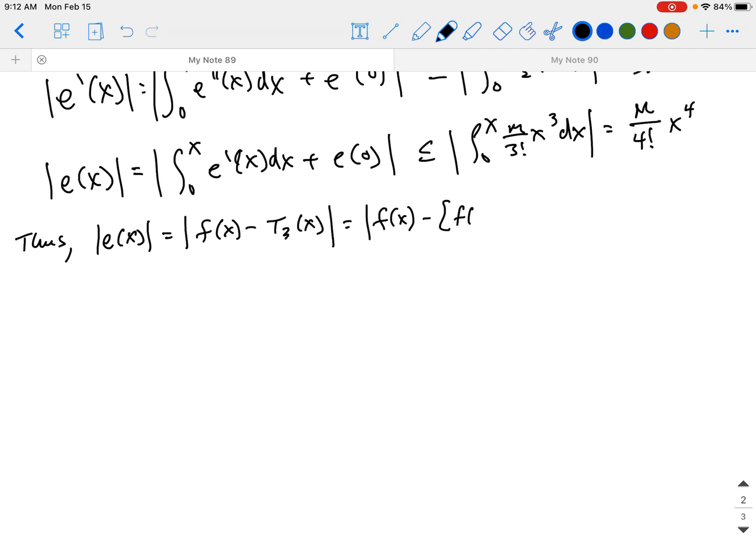Let's go back here. Sorry. f of 0 plus f prime of 0 x plus f double prime of 0 over 2 x squared plus f triple prime of 0 over 3 factorial x cubed.